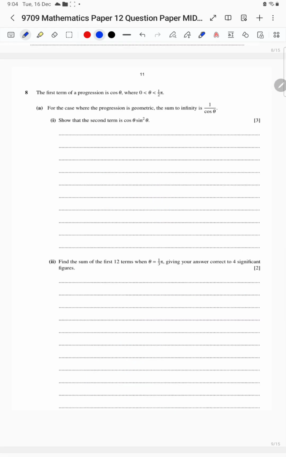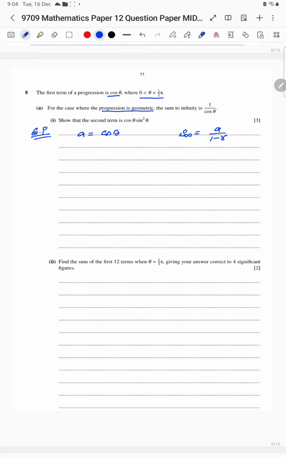Okay, now question number 8. The first term of the progression is cos theta, and theta lying between 0 and pi by 2, in the first quadrant, is acute. Find the case where the progression is geometric. So you are given a GP in which a is the first term, that is cos theta, and the sum to infinity. We know the sum to infinity of a geometric progression is a over 1 minus r.